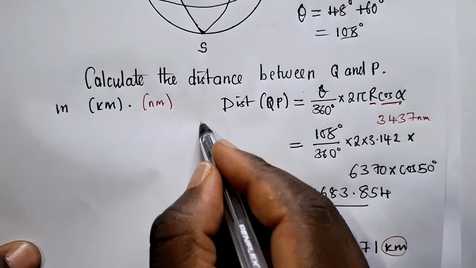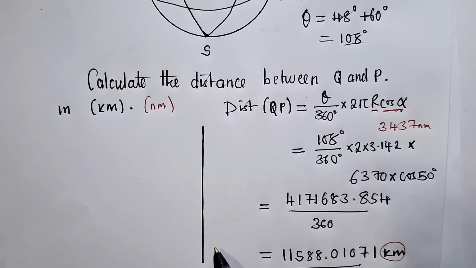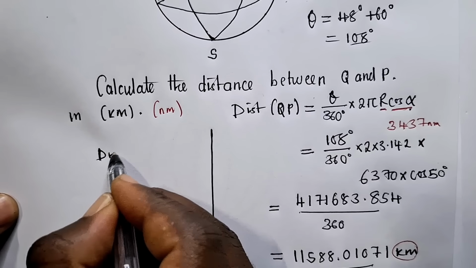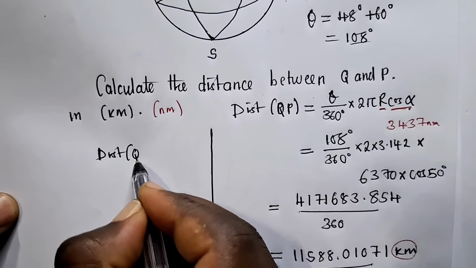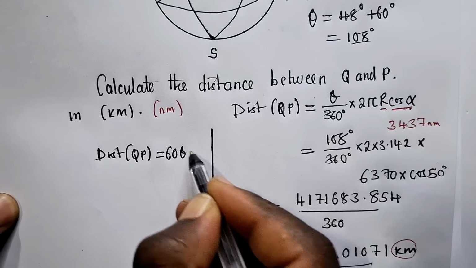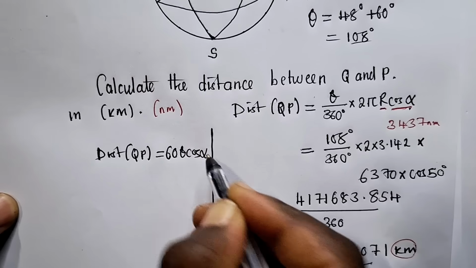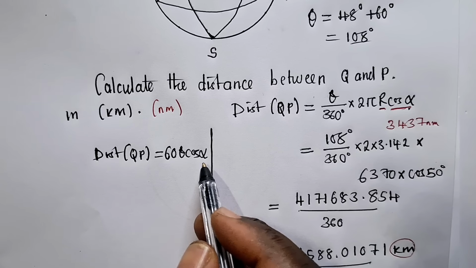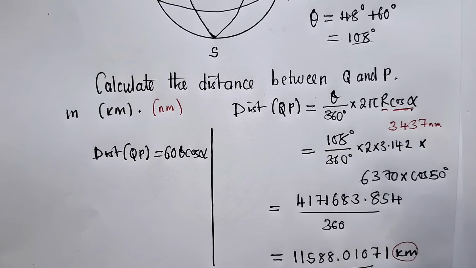Now in paper 1, if they ask you to find distance in nautical miles, you're going to use the formula distance between Q and P is equal to 60 theta cos alpha. So the same process, but here you put cos alpha, just like that. Okay, so we go to the next stuff here.